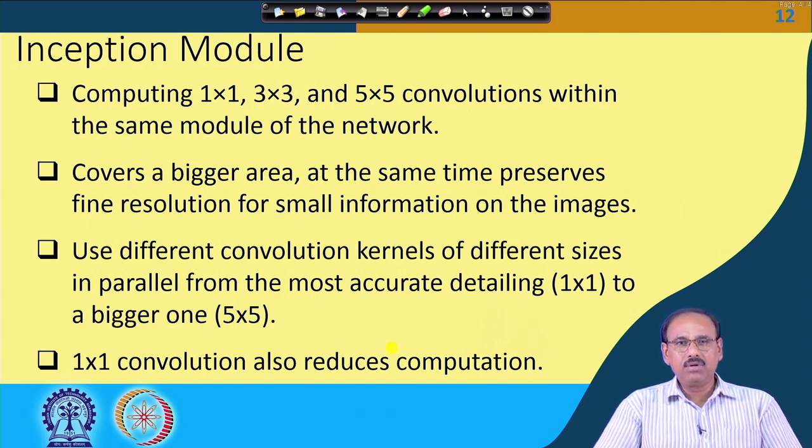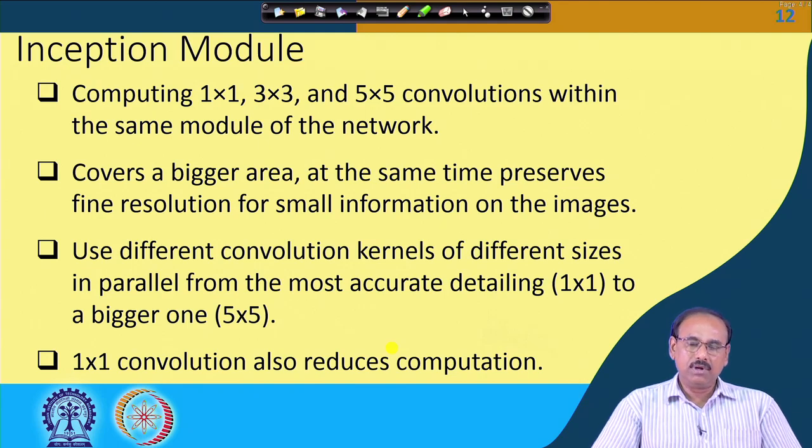Similarly, if you use a 1 by 1 convolution kernel, it actually gives you the finer details which are present in the image. So the 1 by 1 convolution kernel gives you the most accurate features, whereas if you increase the convolution kernel size, you get a feature which is over a larger area of the image.